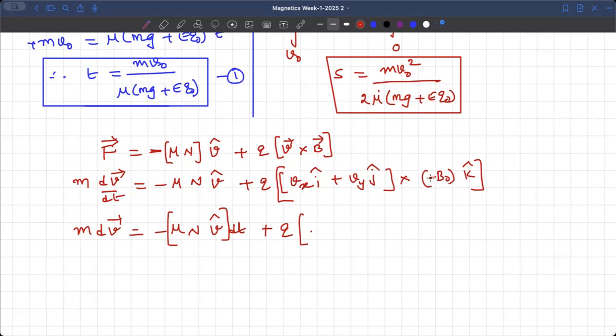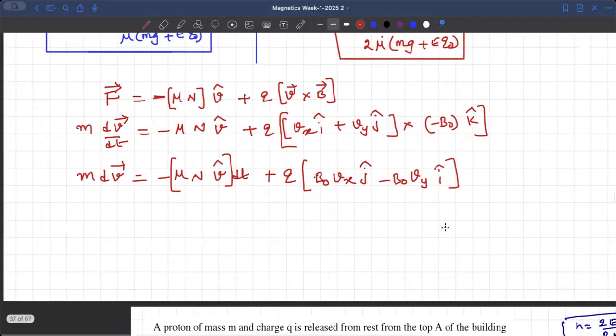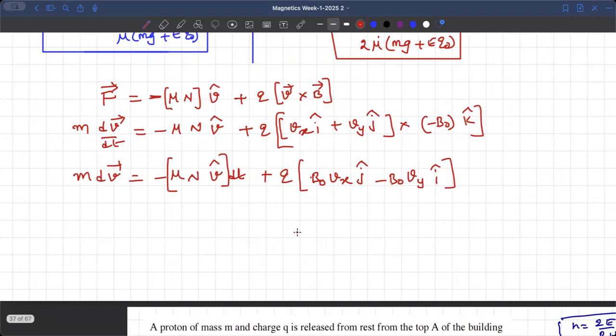There is a minus here already. J cap cross K cap is I cap, but there is a minus here. Right, this is the part. Now V into dt is also there.